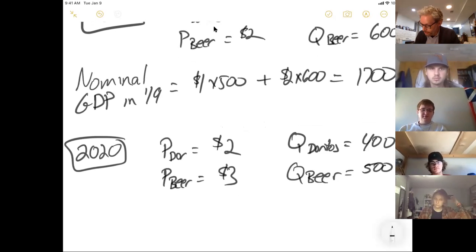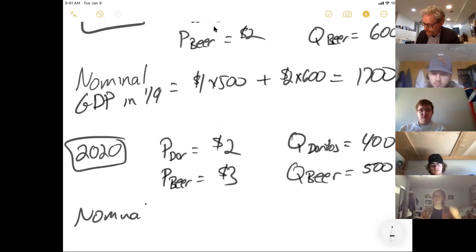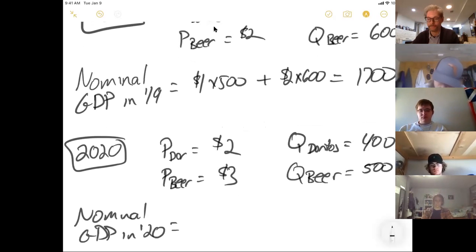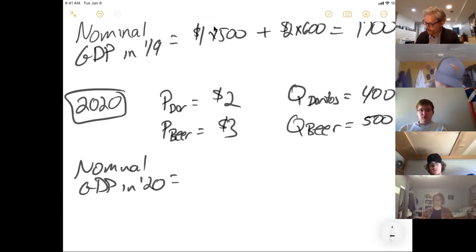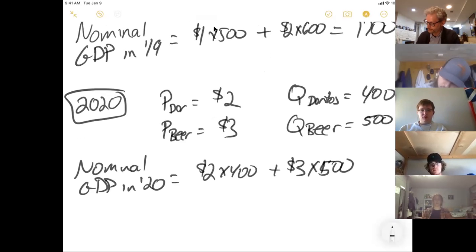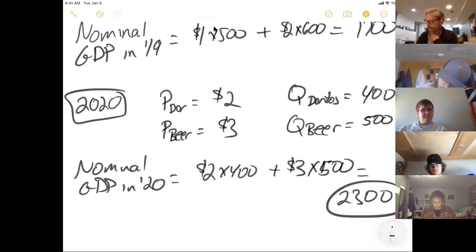Here's the problem, though. What happens when we calculate nominal GDP in 2020? What's nominal GDP? Well, it's 2 times 400 plus 3 times 500. It's $2,300.